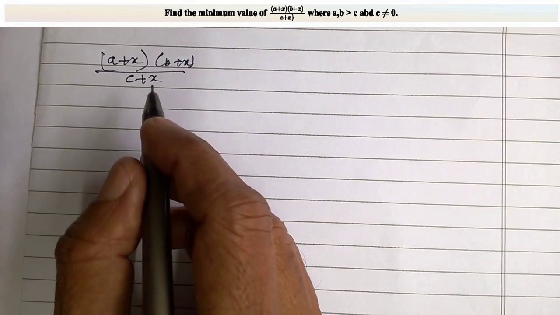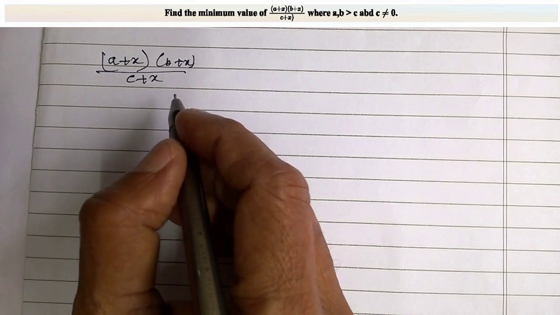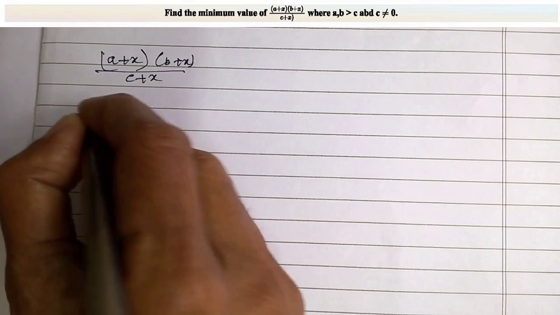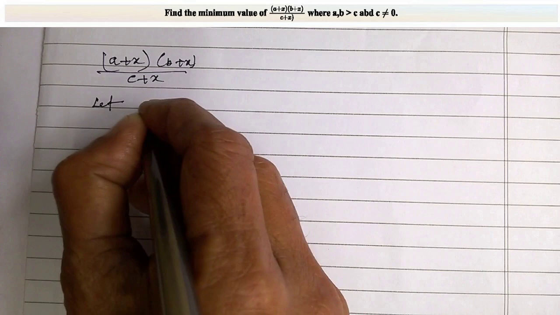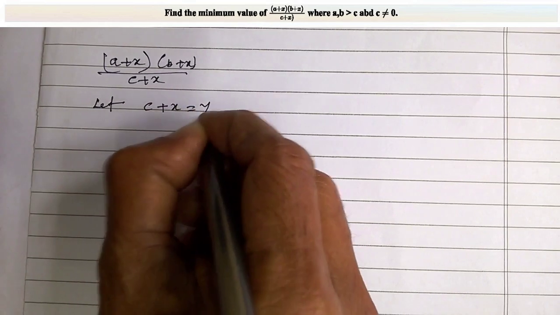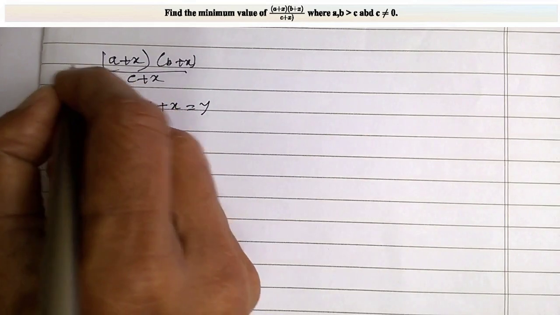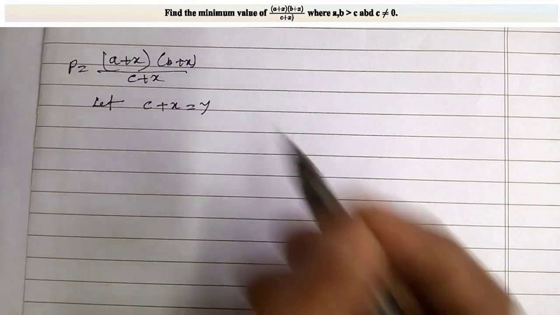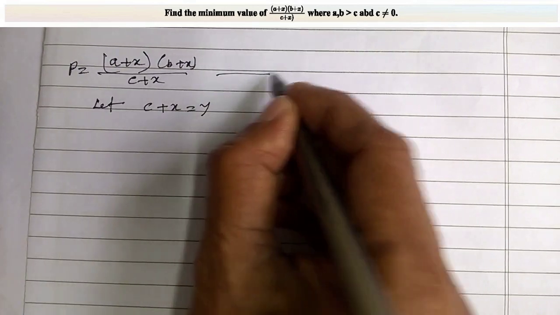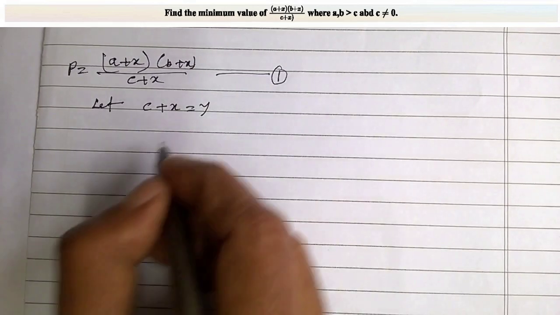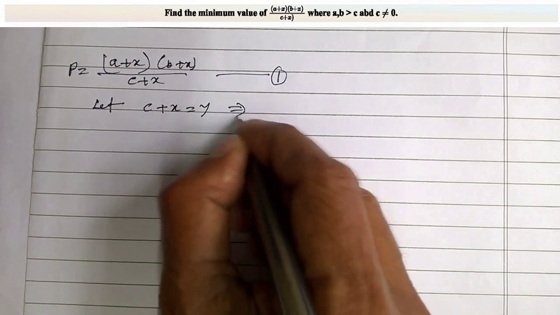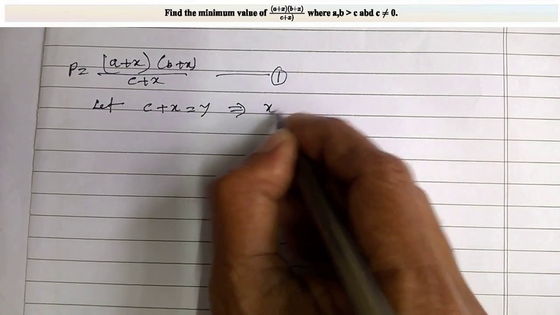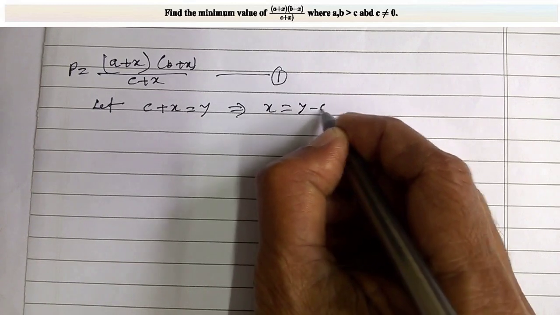So, first simplify this. To simplify, let c plus x be equal to y, and let this expression be p, and name it 1. This implies that x is equal to y minus c.